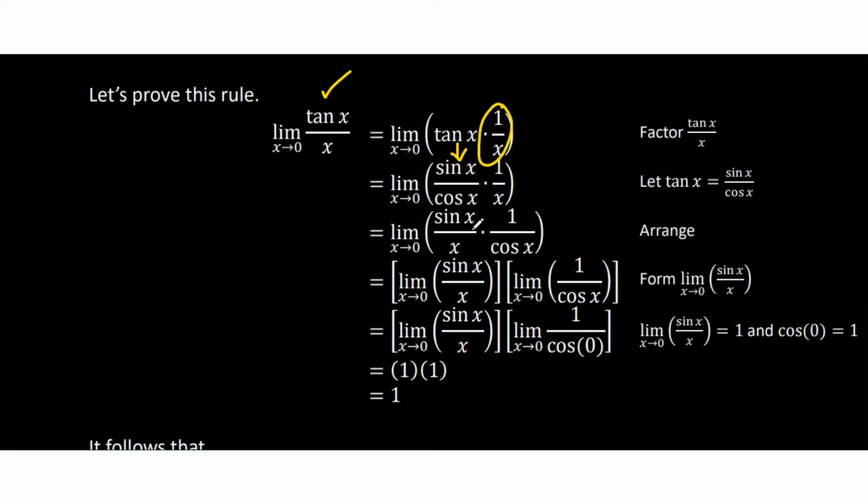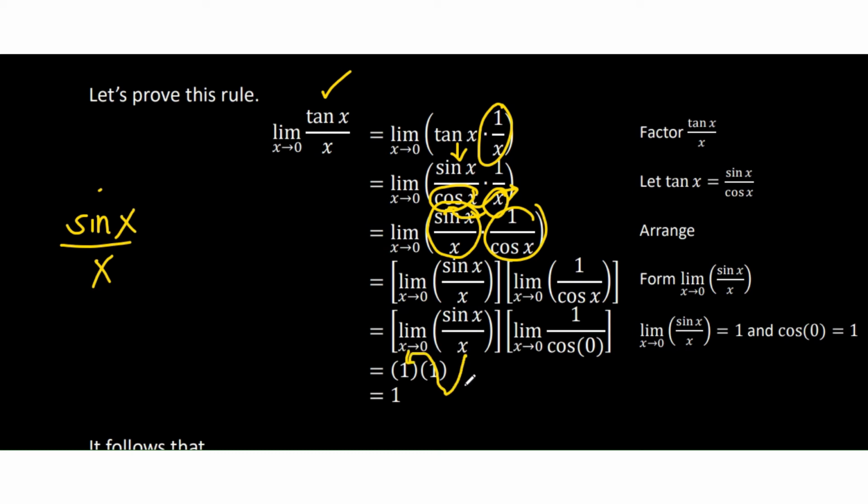Now we follow the expression sine x over x. However, cosine x is moved to 1 over cosine x, and x is moved to the denominator of sine x over x, to make it equal to 1.